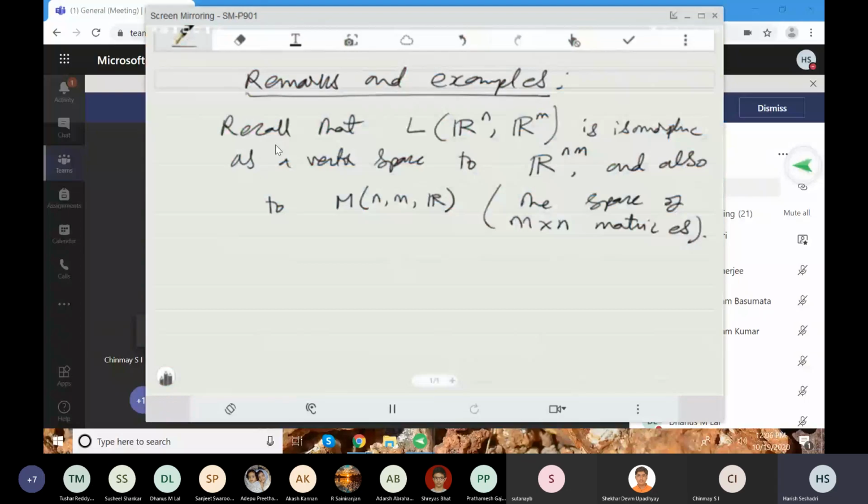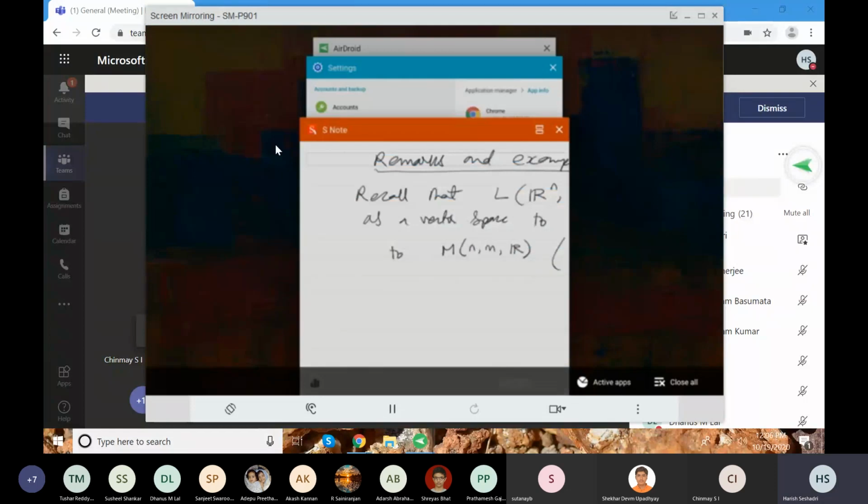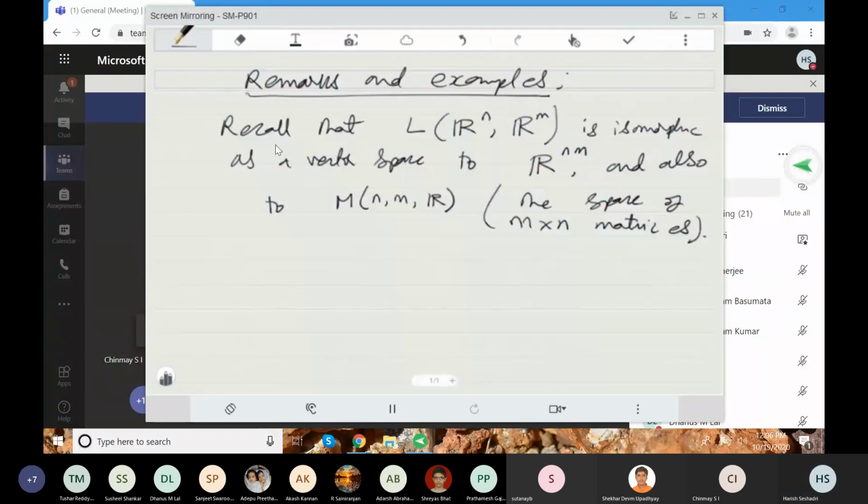Now, the thing is that let us take n equals m. This is not really necessary, but just for simplicity, let's take this.